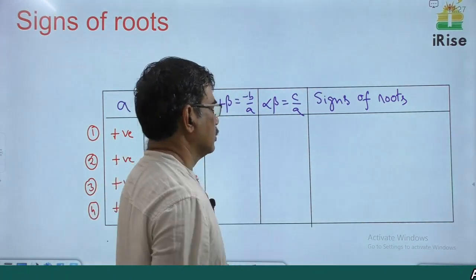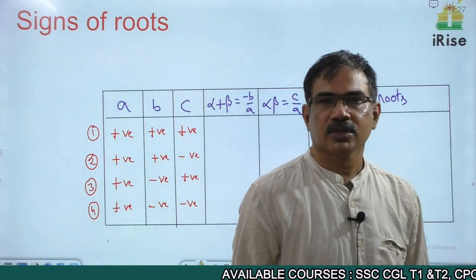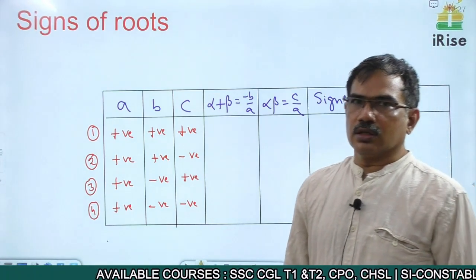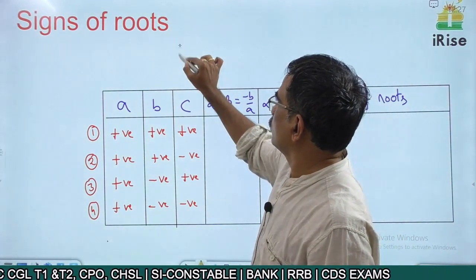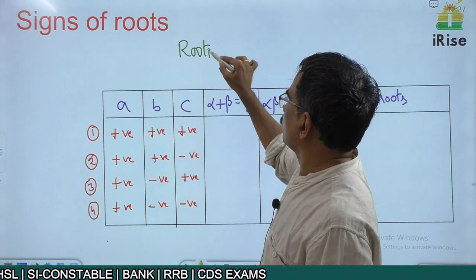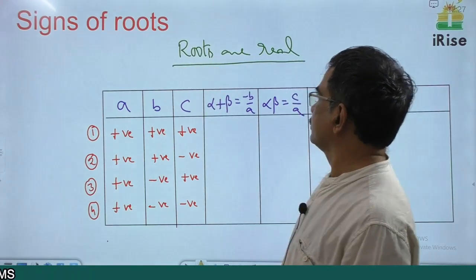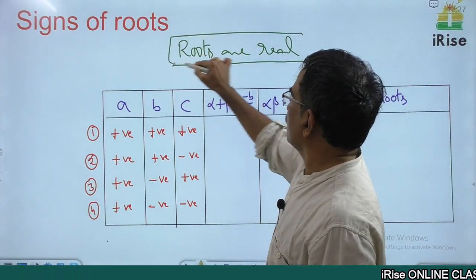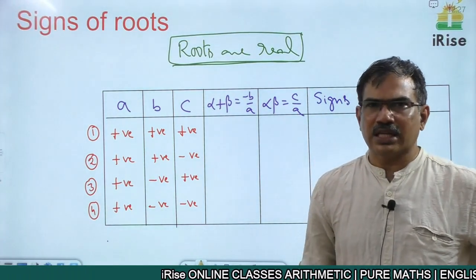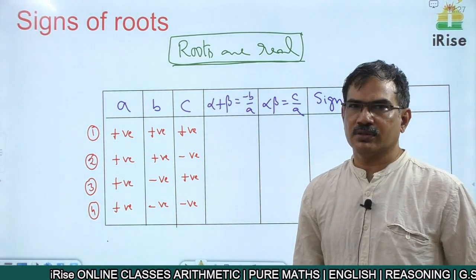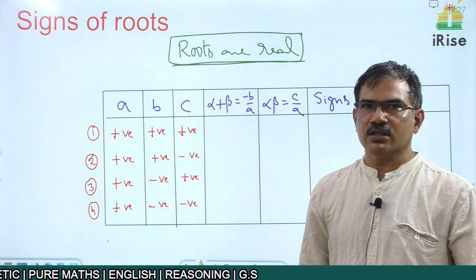Here, the signs of roots of a quadratic equation can be explained if and only if roots are real. If roots are real, then only we can find the signs of roots. Sign is applicable only for real numbers. If it is a real number, we can say whether it is negative or positive.